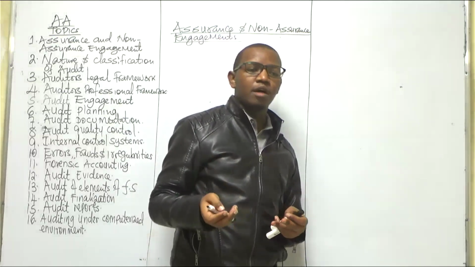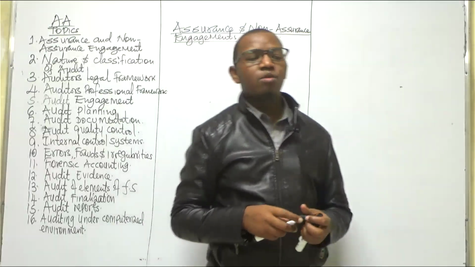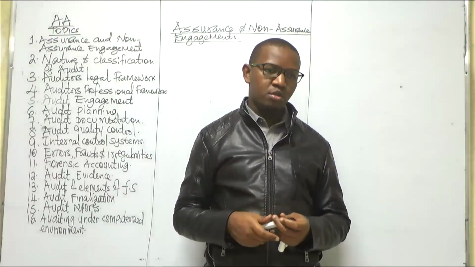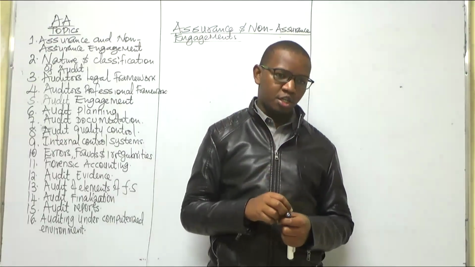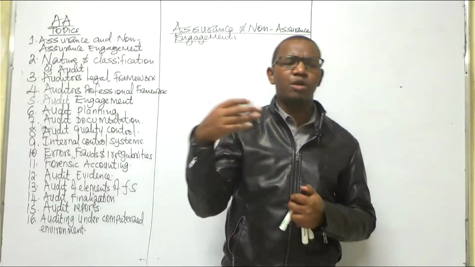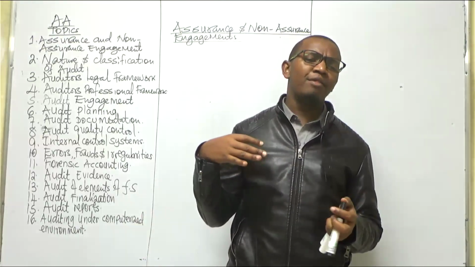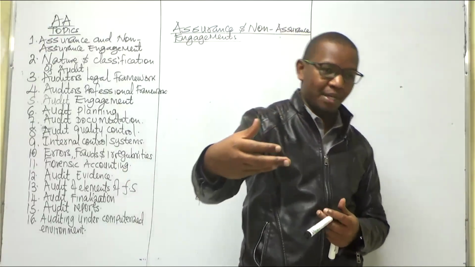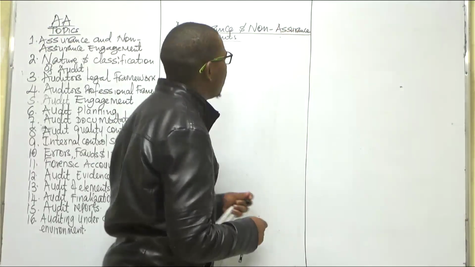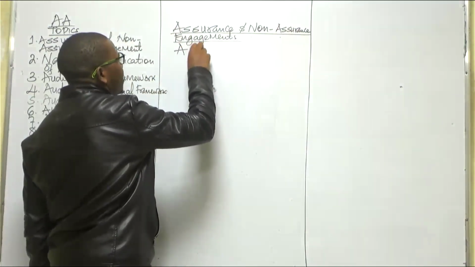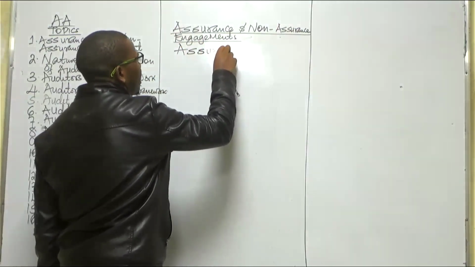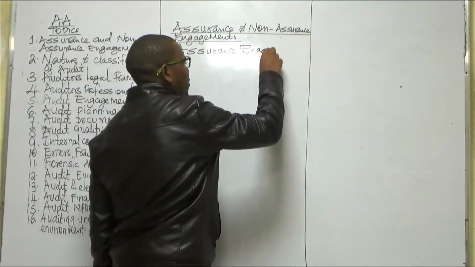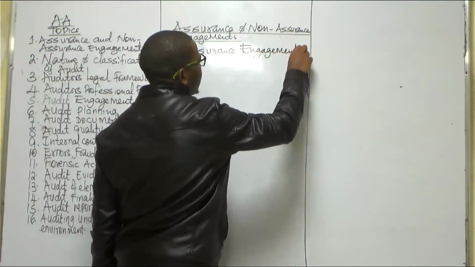When I talk of non-assurance engagements, we are talking about special audit related issues. What we mean is generally you are not doing the audit as a legal requirement, but it can be done. We'll see that case. So I will begin with the assurance engagement.